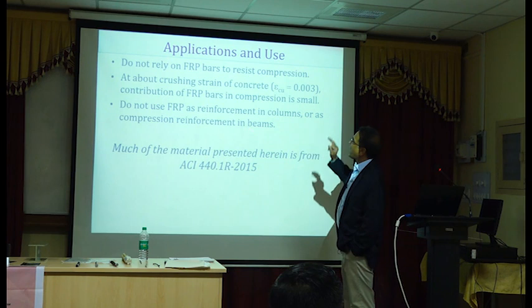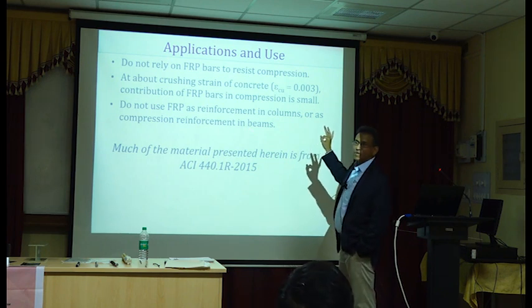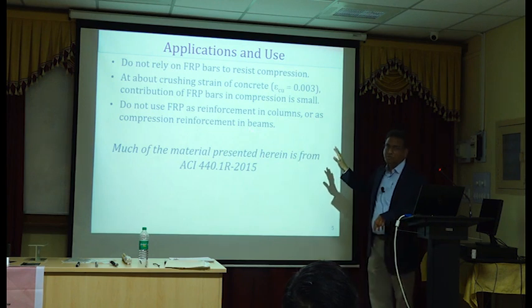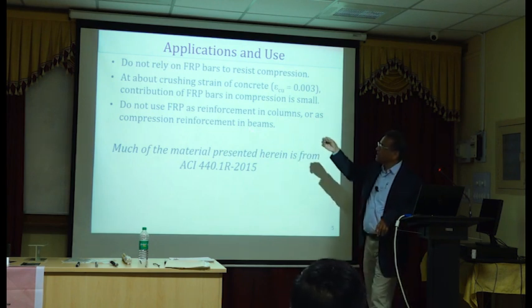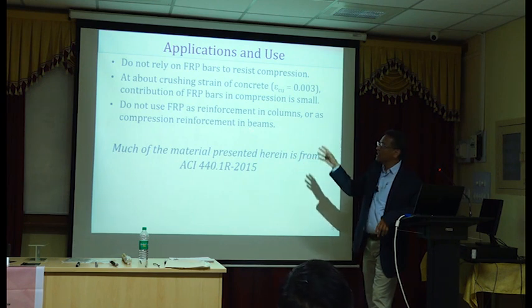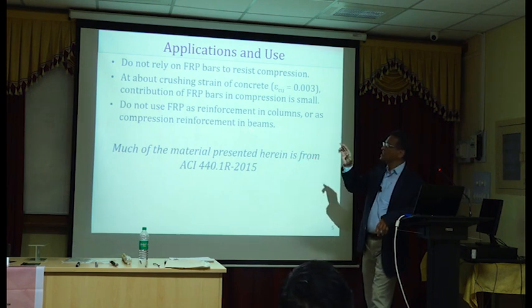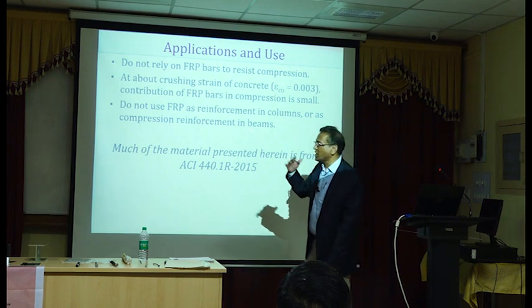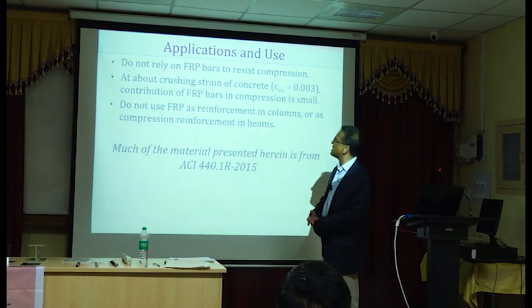Now, do not rely on FRP bars to resist compression. We talked about it many times. And for beam columns, we also clarified that FRP bars falling in the compression region cannot be considered for contribution to the equilibrium equations.